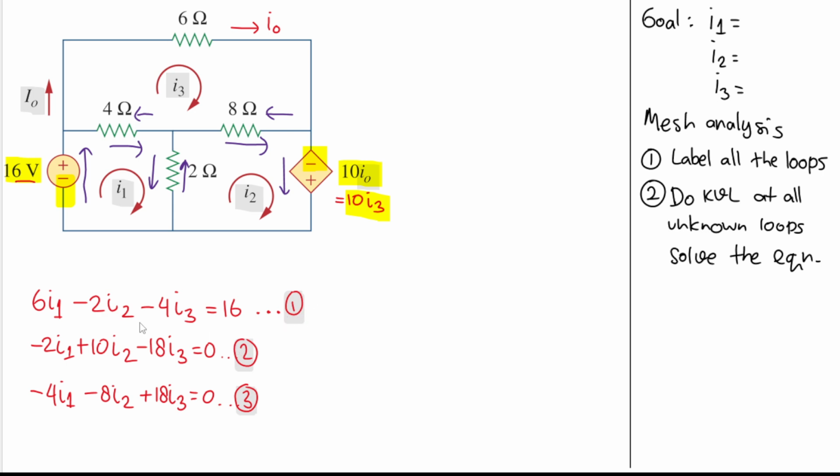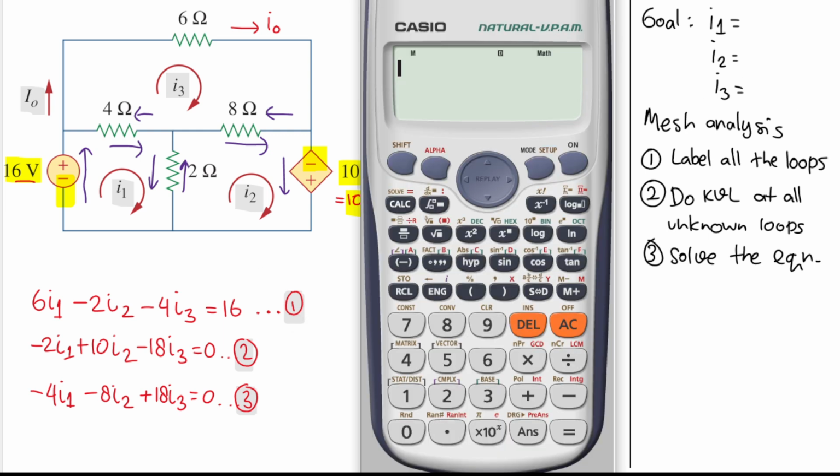So we are left with these 3 equations and 3 variables. And I think the fastest way to solve the equations, which is the third step of our math analysis, is by using a calculator. Why? Because in the circuit analysis course, you usually can bring your calculator to your exam. So why not just use it to solve the equations, right?